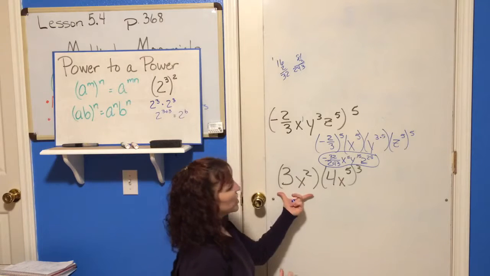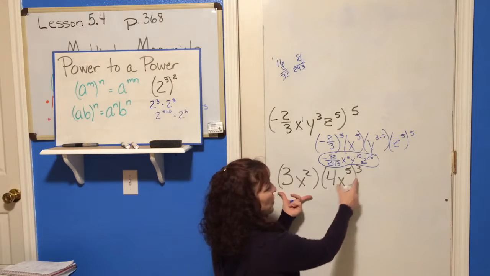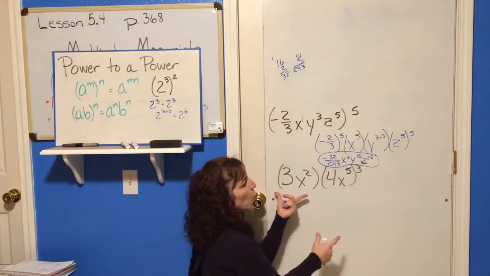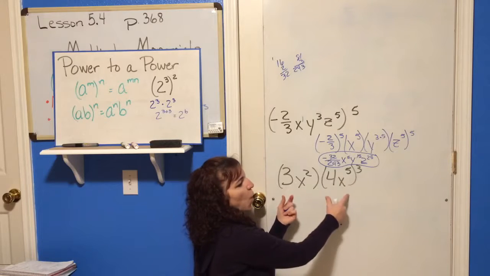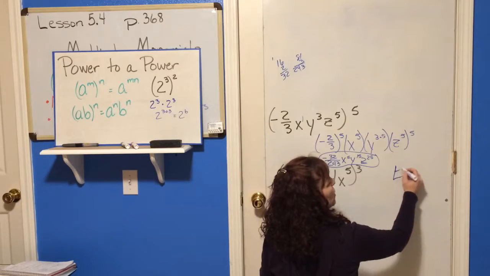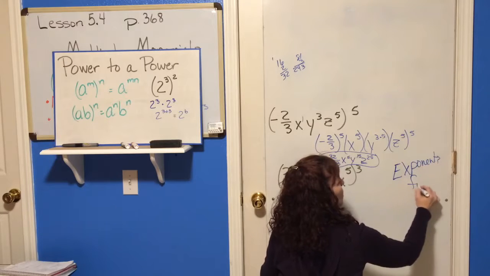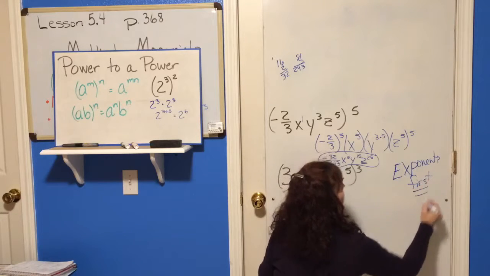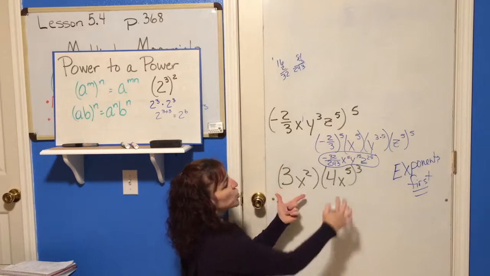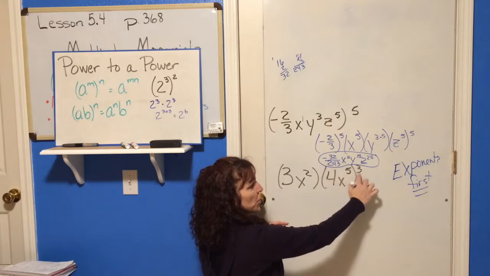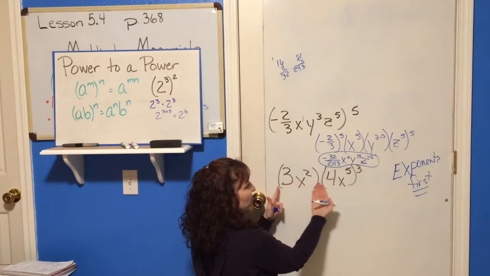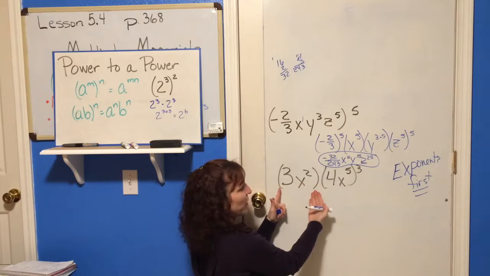When we multiply 3x squared times 4x to the 5th raised to the 3rd power, we need to remember that you always do the exponents first. So you want to raise this part to this third power before you multiply by the 3x squared.